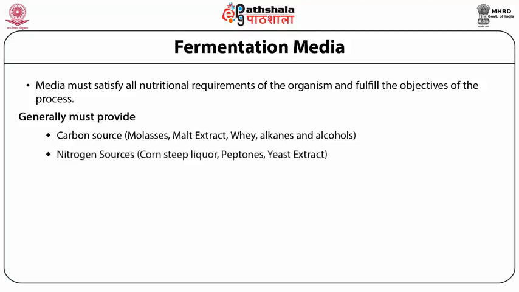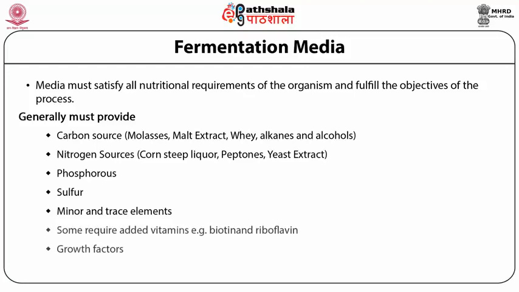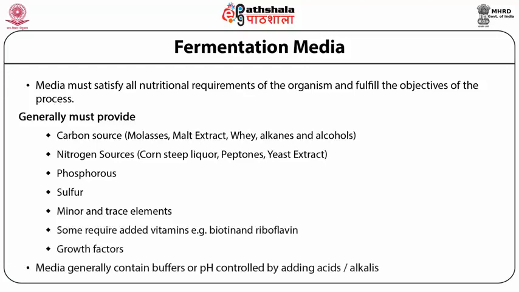It should have nitrogen sources; we can use corn steep liquor, peptone, and yeast extract. It should have phosphorus, sulfur, and minor and major trace elements. It also needs certain growth factors and added vitamins. Fermentation media also contain a buffer; we can use potassium phosphate and calcium carbonate as buffers.